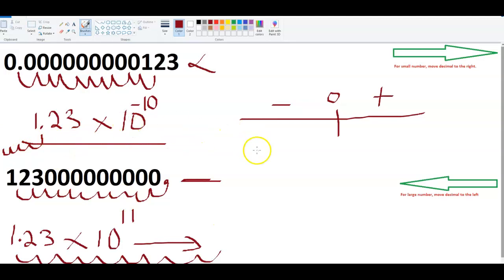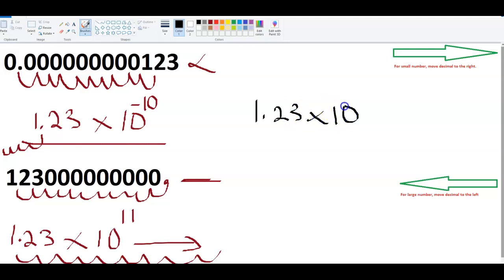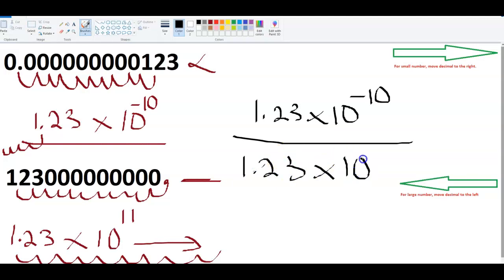Let's say I'm asked to divide 1.23 times 10 raised to the power negative 10 by 1.23 times 10 raised to the power 11.